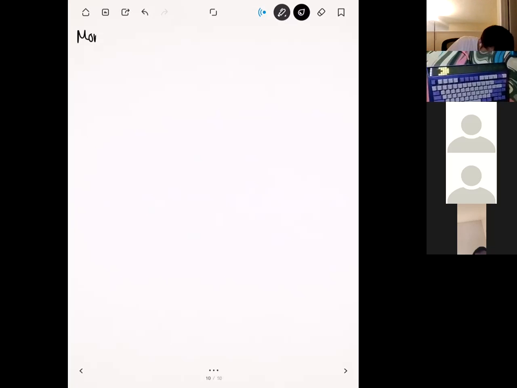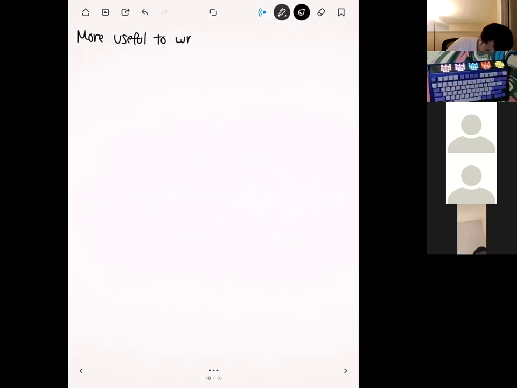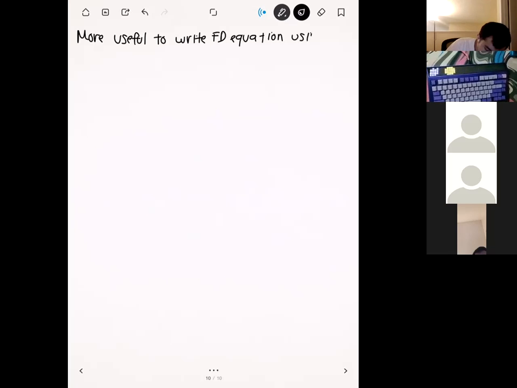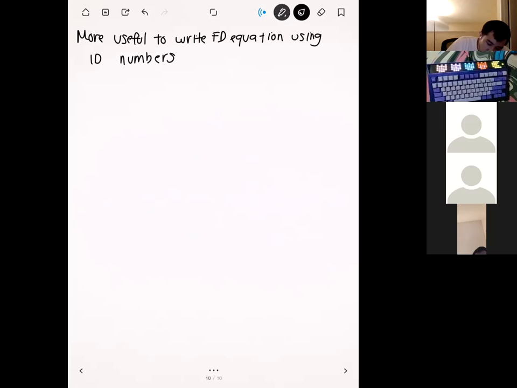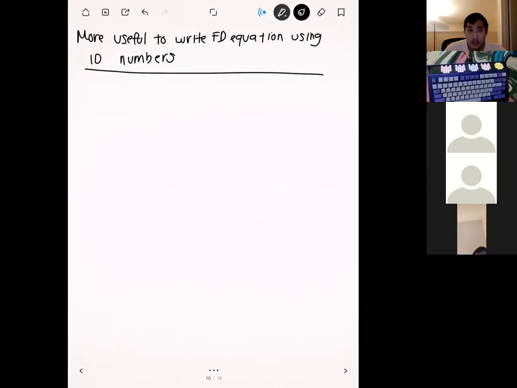What would be more useful is if we wrote this equation using its ID numbers, because the ID numbers are ultimately where we want to be working with these kinds of systems, since eventually we're going to have to put all of these into our linear system of equations.